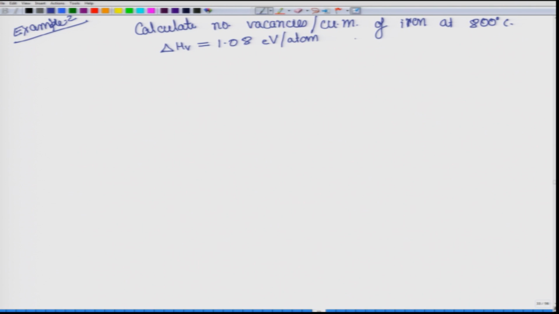and it is given that rho, so these are some other quantities that you will need, is 7.65 gram per centimeter cube, and what you will need is the atomic weight, which is equal to 55.85 gram per mole. Now, if you remember the equation, number of vacancies by Na is equal to number per mole.